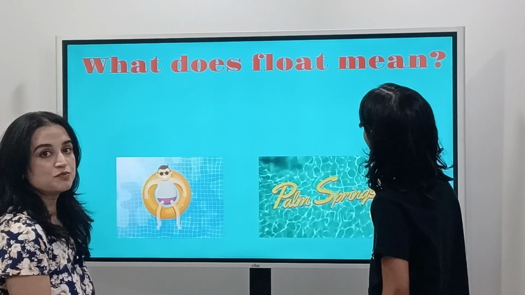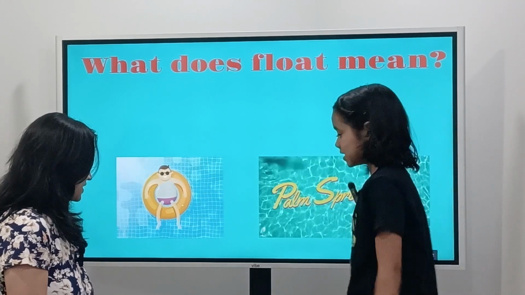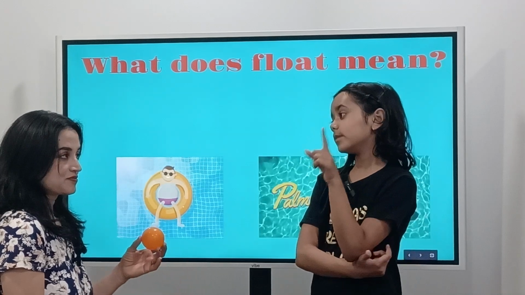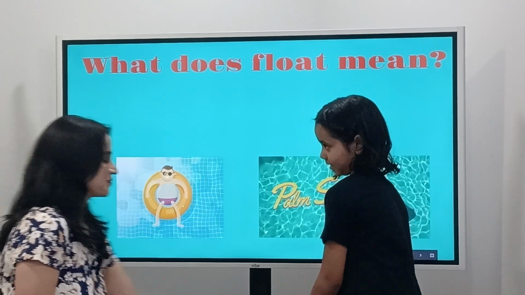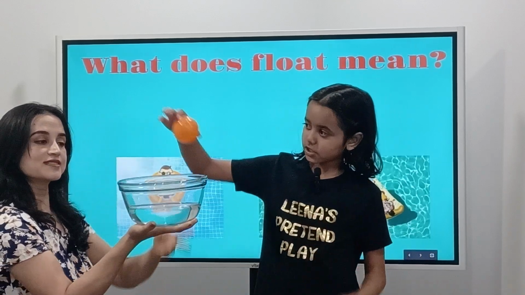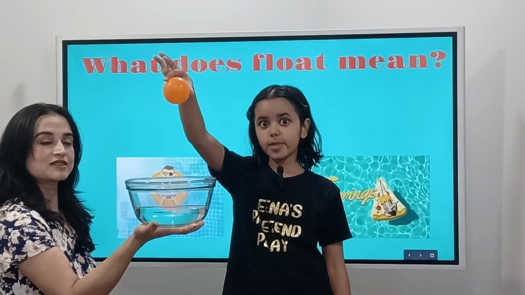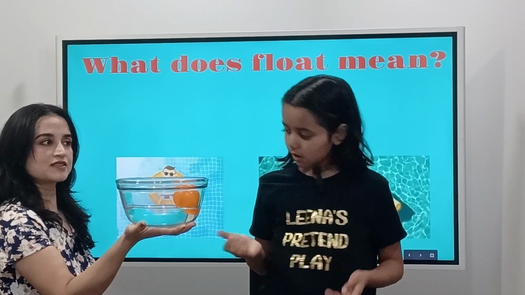What does float mean? Float means it will go to the top. Can you see from there? Okay, I'm going to drop the ball in. What happened? It floats.